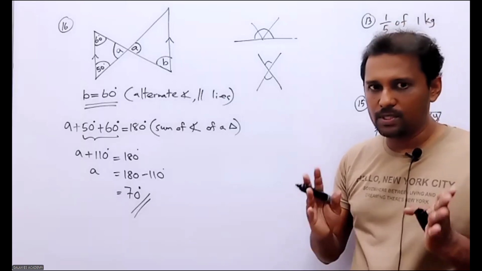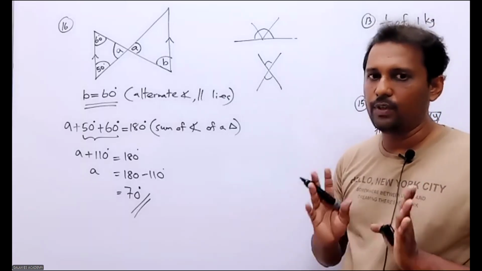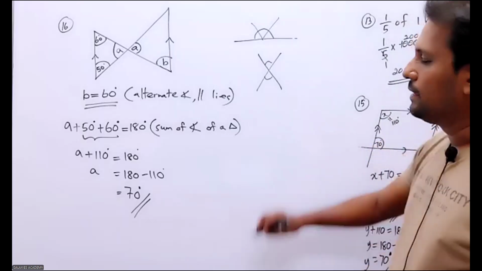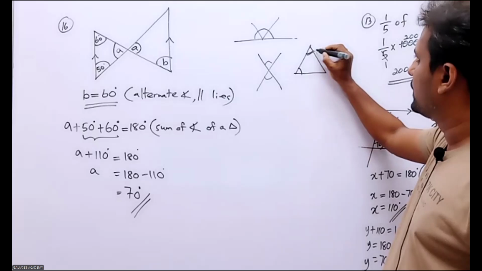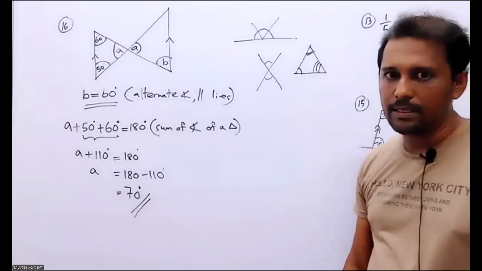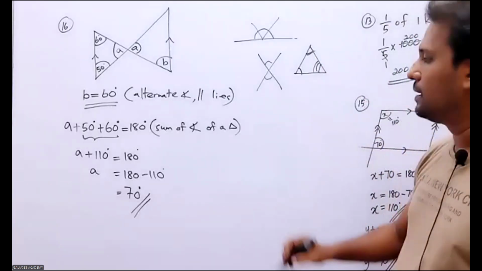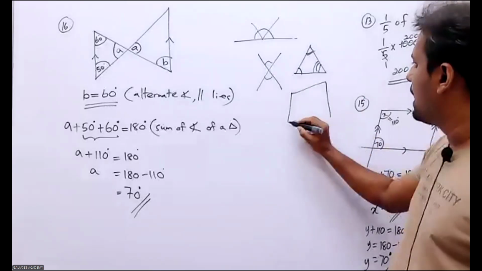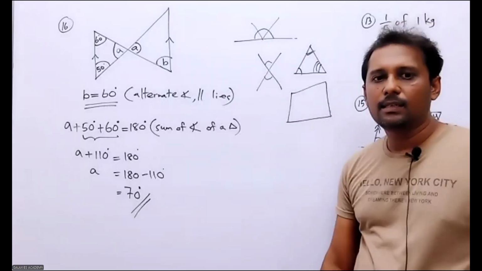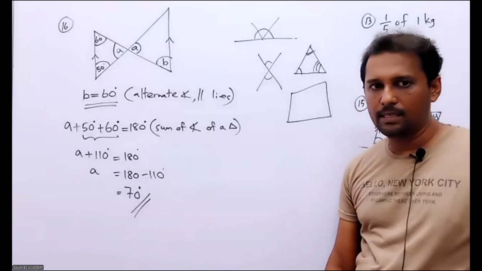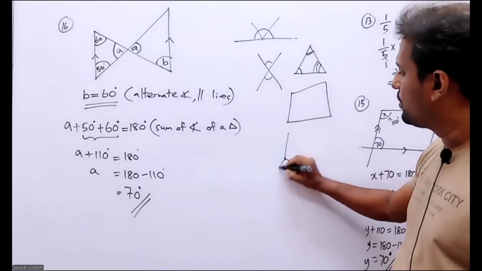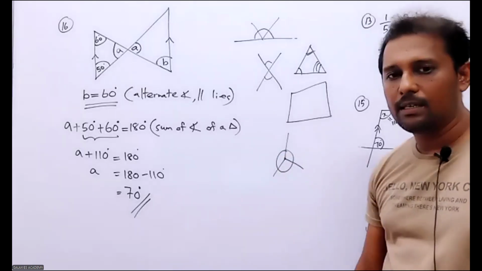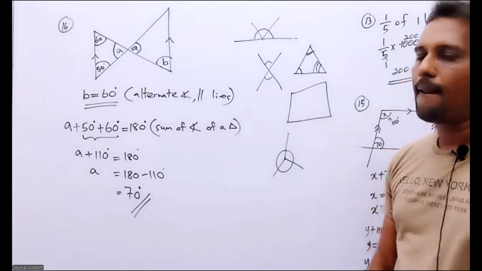Another theorem you can use: sum of interior angles of a triangle is 180 degrees. Another theorem: sum of interior angles of a quadrilateral is 360 degrees. Another theorem: the angles around a point is 360 degrees.